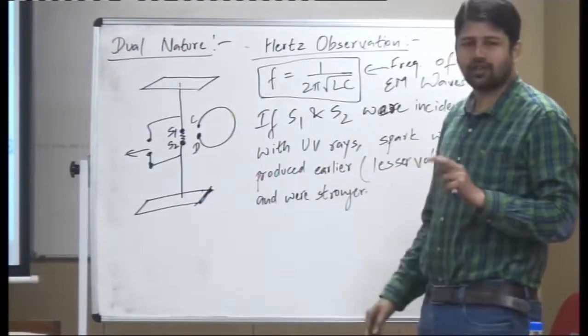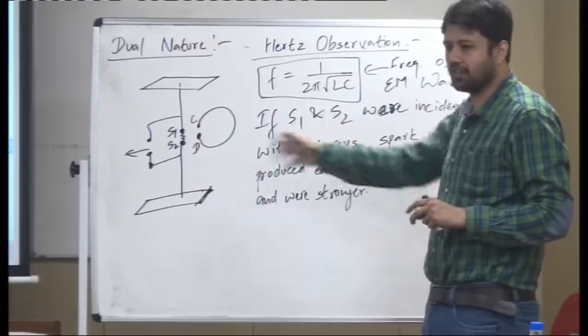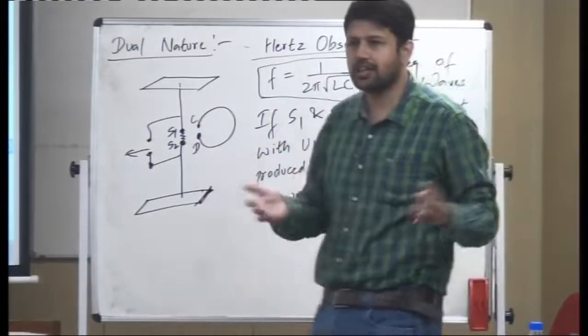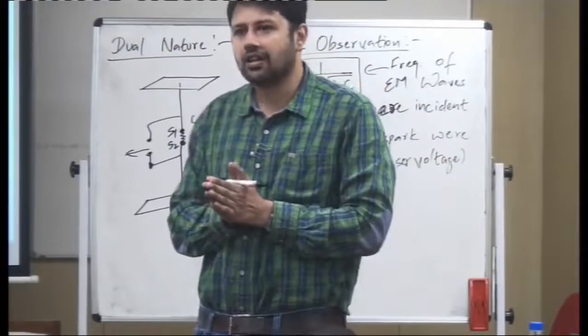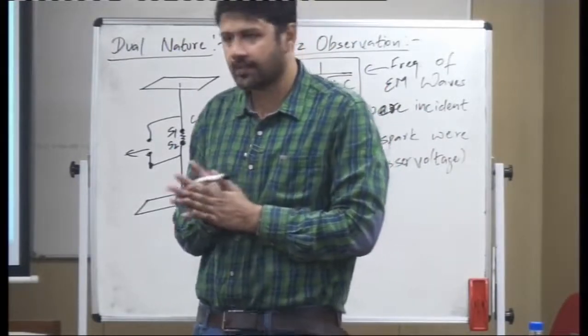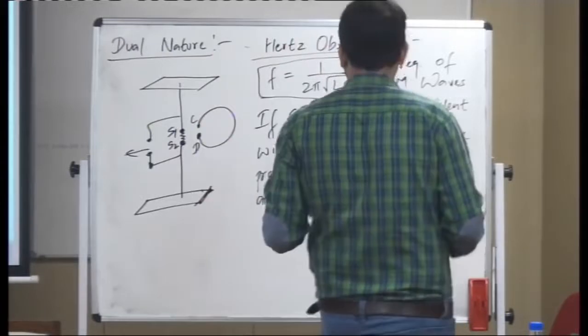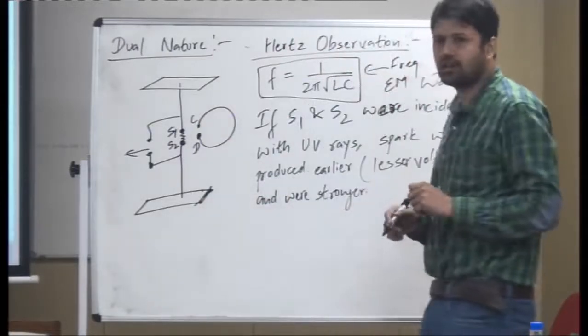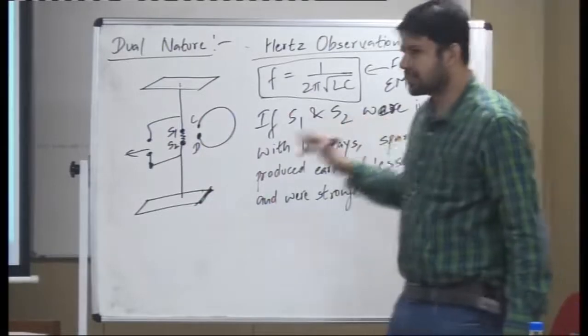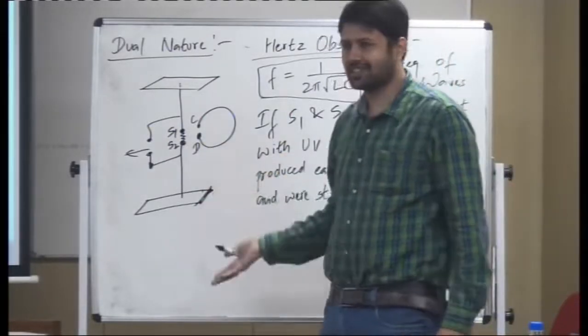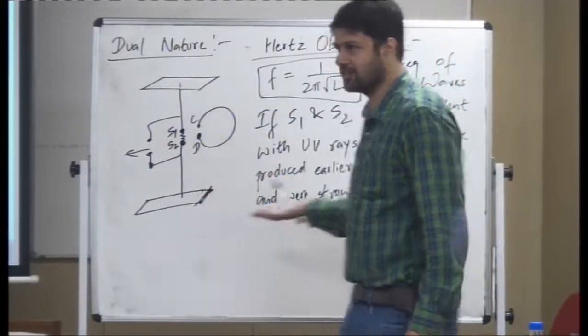While the investigation for EM waves was complete, another investigation unfolded: how UV radiations help ejection of electrons. We would be studying that only. That's called the photoelectric effect. I hope this is clear. Questions have been asked even on this observation alone.